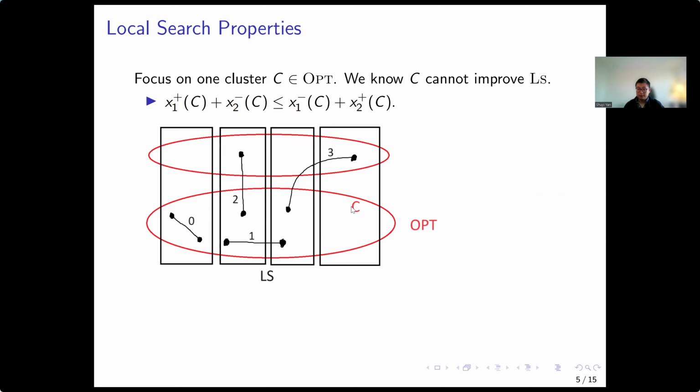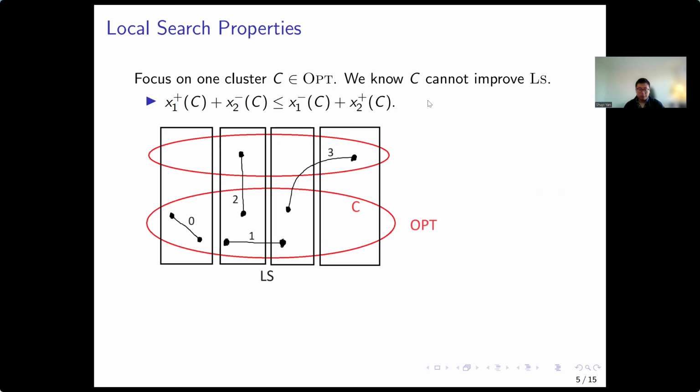When we insert C, they become internal edges. So every type 1 plus edge will contribute 1 to the improvement. Every type 1 minus edge will contribute -1 to the improvement. Similarly, every type 2 minus edge will contribute 1, and every type 2 plus edge will contribute -1.